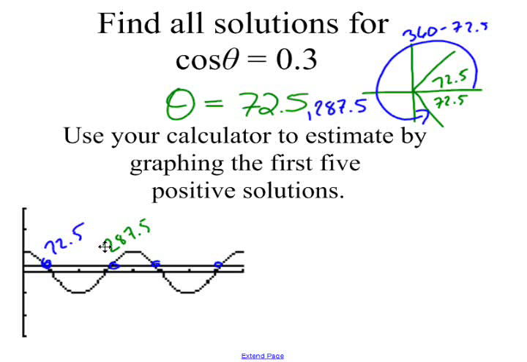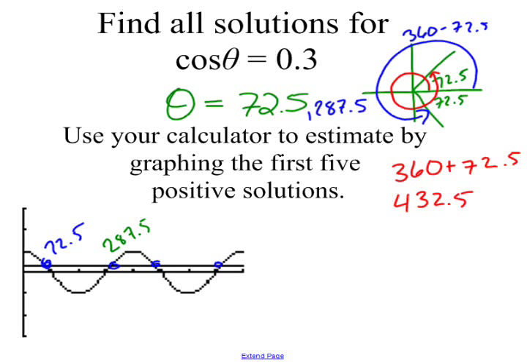Now, if we look at this in our circle, we know that we can also start from here and go all the way around and get another angle. That red angle is just going to be 360 plus the 72.5, which ends up with 432.5.